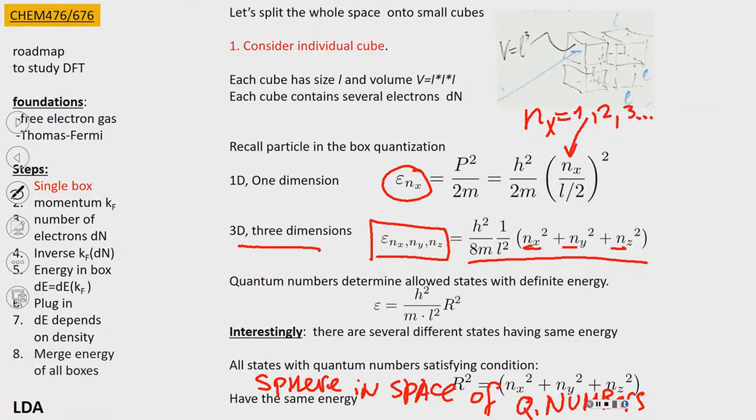So if you assume that there is a box and the particle doesn't leave the box, one can assume that there is no potential inside. It reflects from the walls and forms standing waves. And for the standing waves, you can find energy, right? Sounds reasonable. For each standing wave you can find energy.